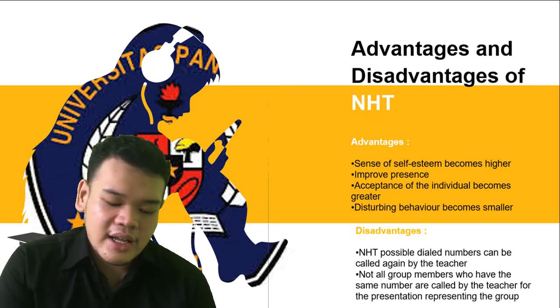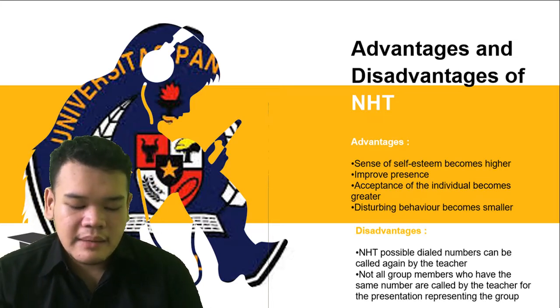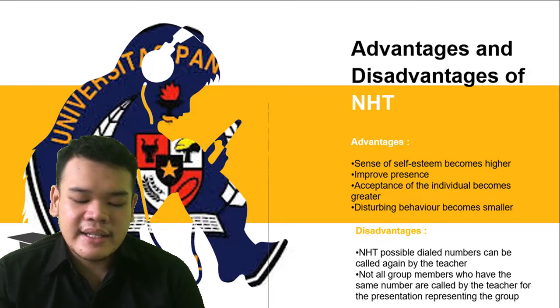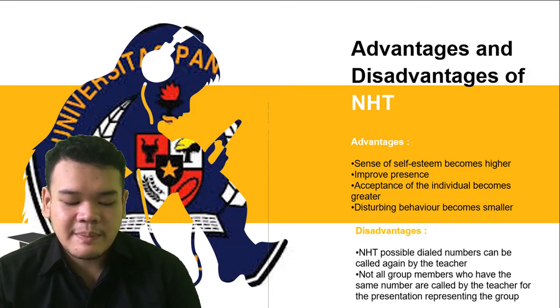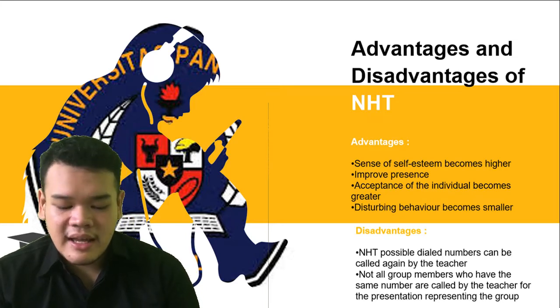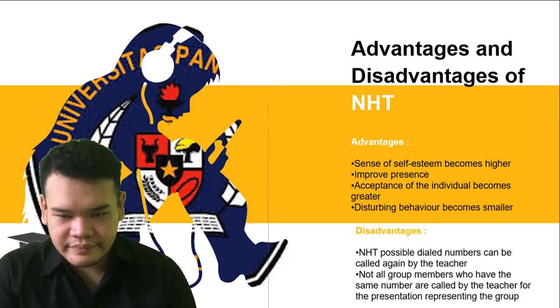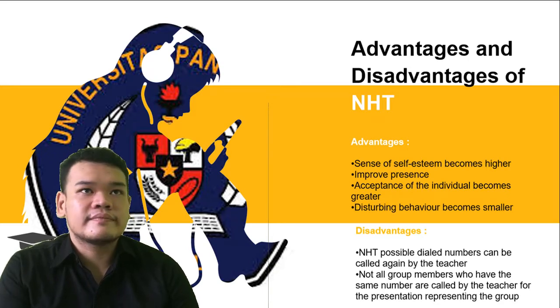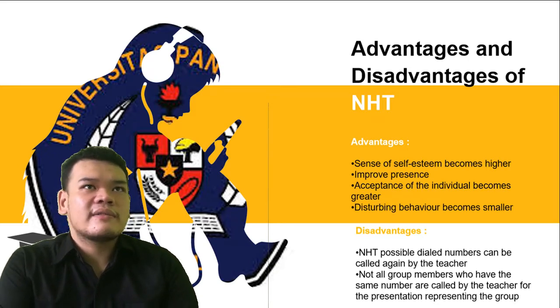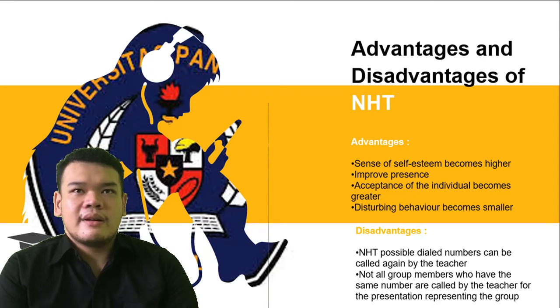And the second, not all group members who have the same number are called by the teacher for the presentation representing the group. And those are some advantages and disadvantages of number head together.